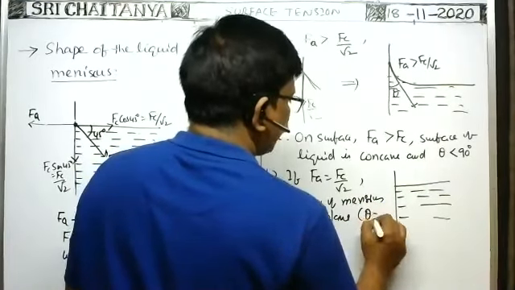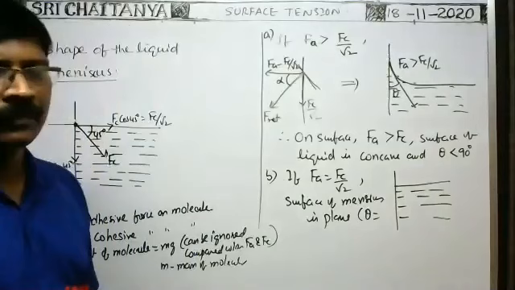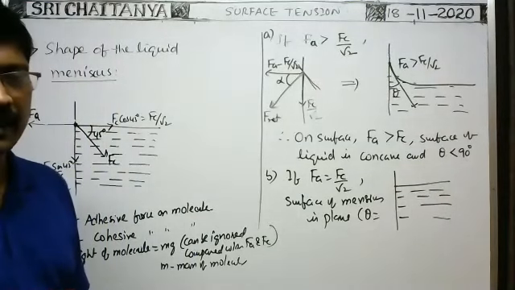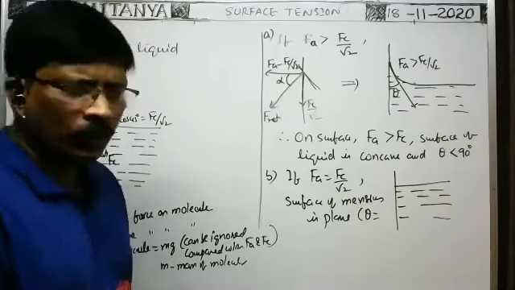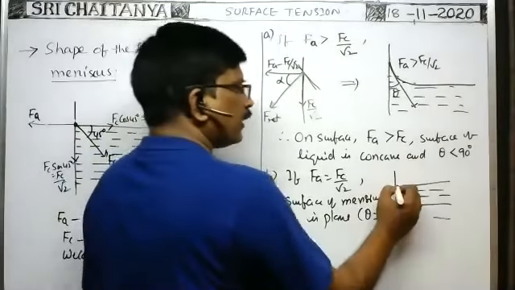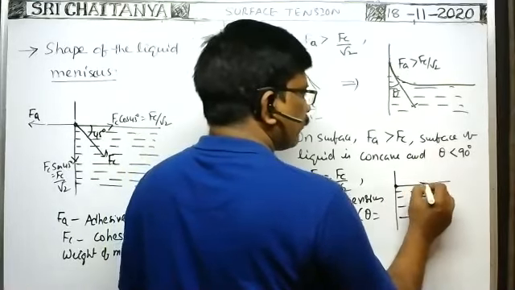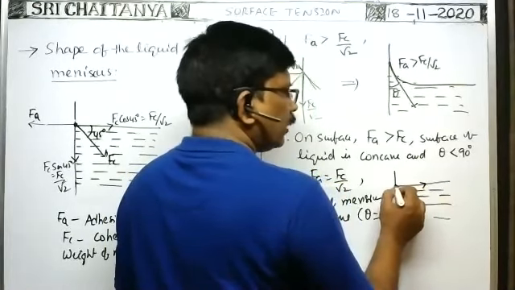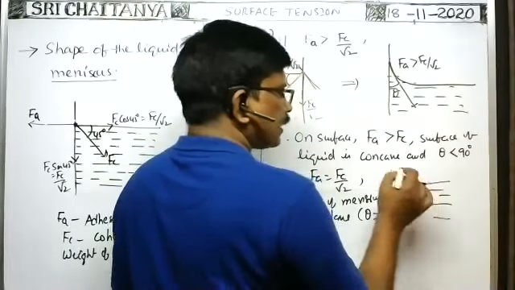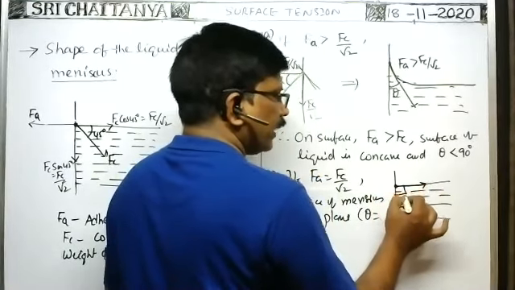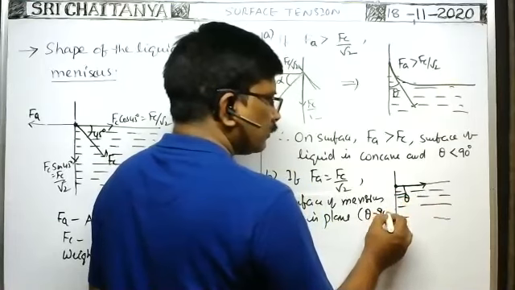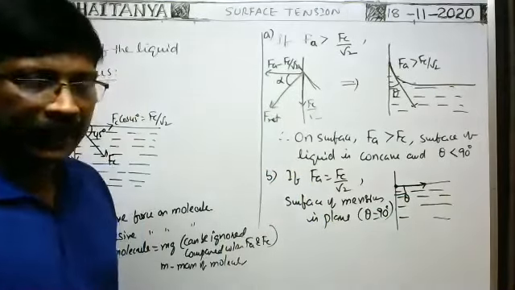And angle of contact. In this case, what is the angle of contact? Tell me. At this point of contact, you draw the tangent to the liquid surface. Then the angle made by this tangent with the surface of the solid inside the liquid, that is theta. It is 90.